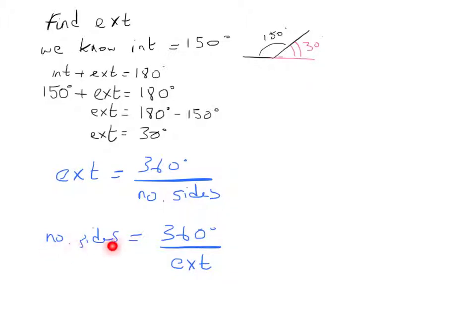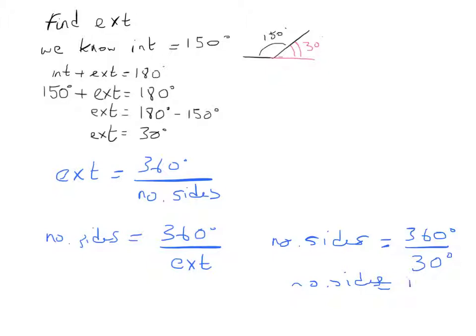How many number of sides does our shape have? 360 degrees divided by the exterior angle. Well, we know this. Number of sides equals 360 degrees divided by what is our exterior angle? Our exterior angle is 30 degrees because we just found it out, which means the number of sides that our shape has is 360 divided by 30, sorry for my writing, and that is 12.